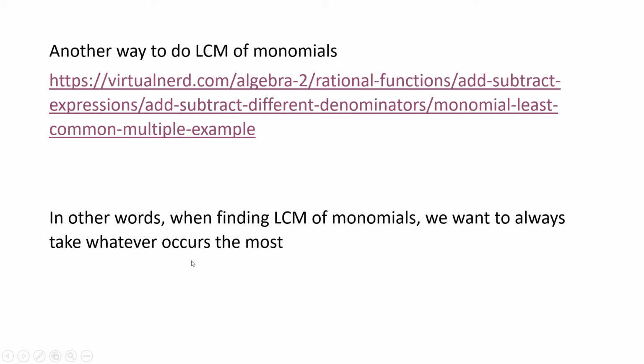And the word "the most" is the most important part. The most. Why the most? Well, did you forget what LCM stands for? It stands for the least common multiple. However, when we're going to find the LCM, we look for whatever occurs the most.